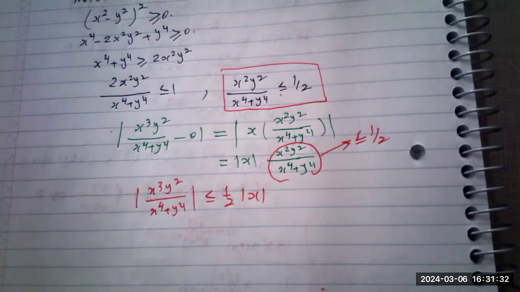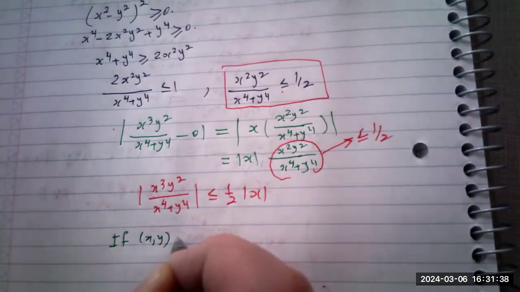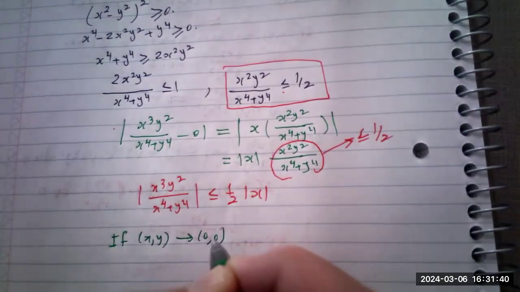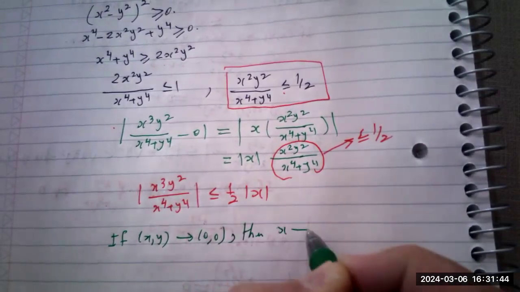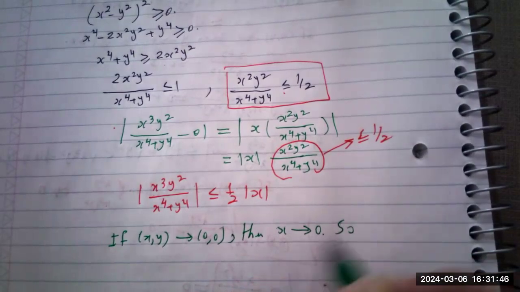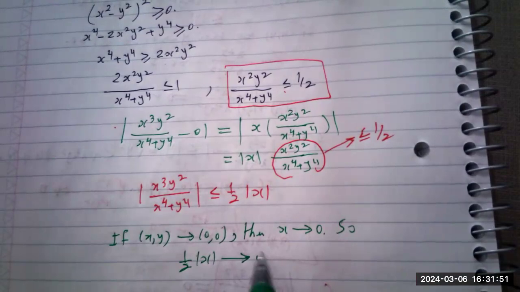If x, y goes to 0, 0, then x goes to 0. So 1/2 of the absolute value of x goes to 0.